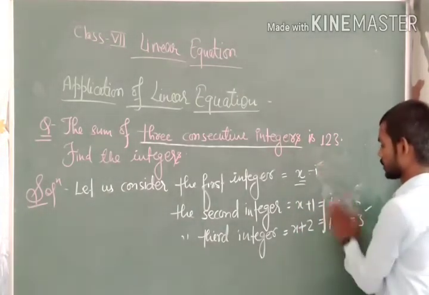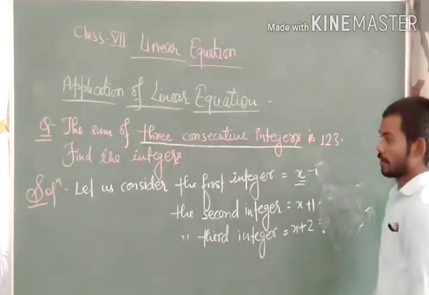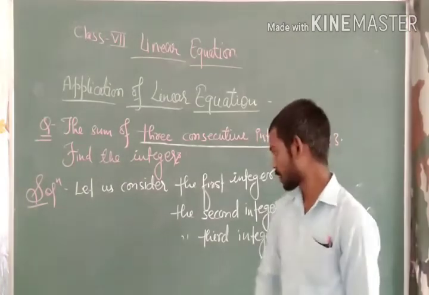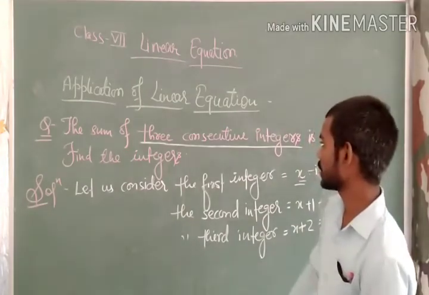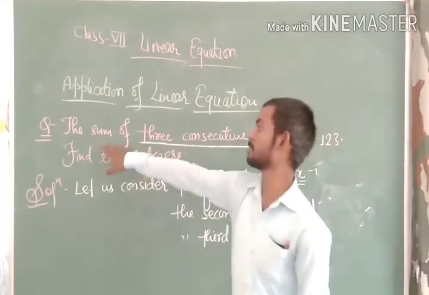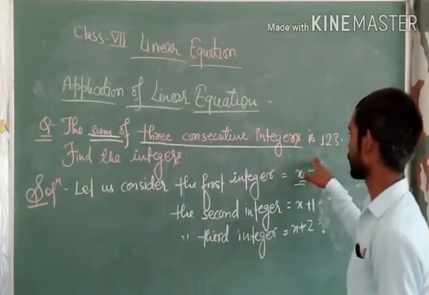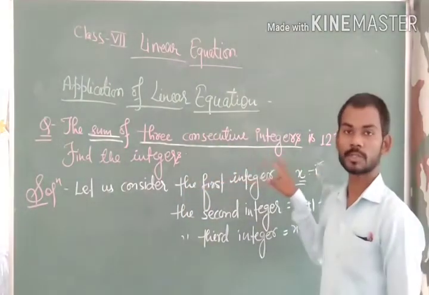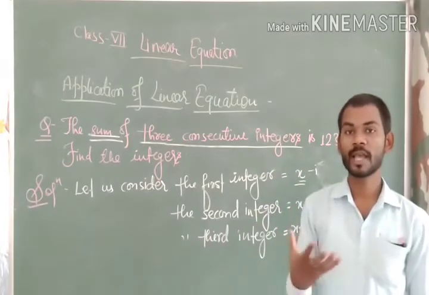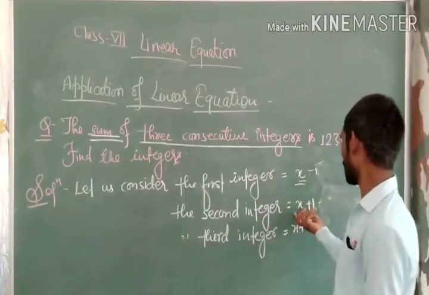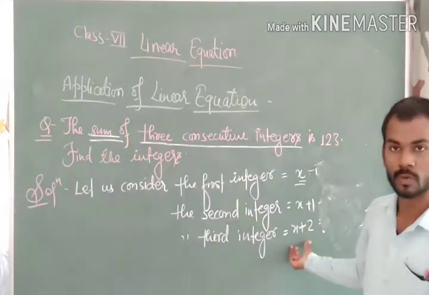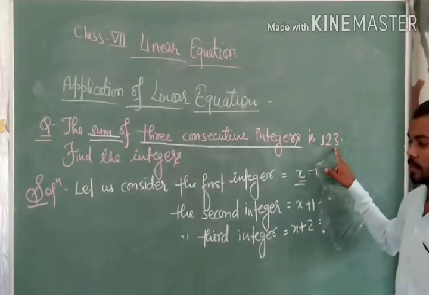So let us start forming the linear equation. As the question says the sum of three consecutive integers, it means we have to add x, x plus 1, x plus 2, which is equal to 123.